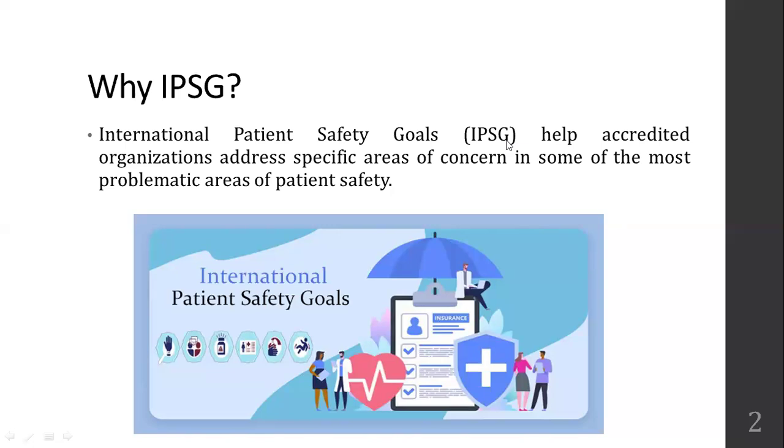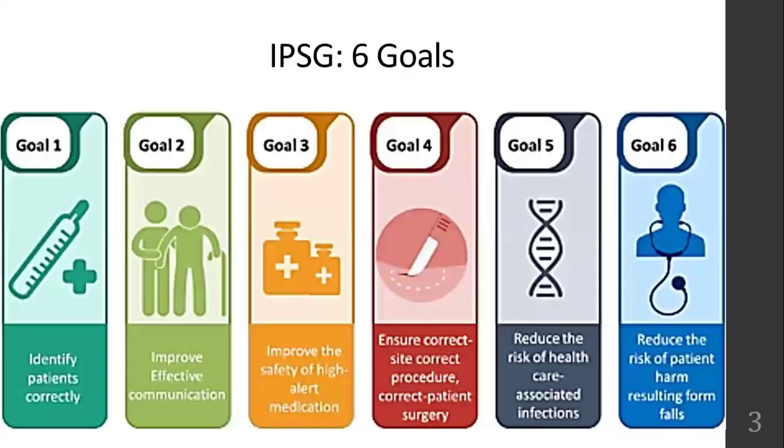Initially, there were 6 patient safety goals. The first international patient safety goals were given by JCI, Joint Commission International. From JCI's international patient safety goals, all the other nations and even the WHO took these goals and made them a universal standard.